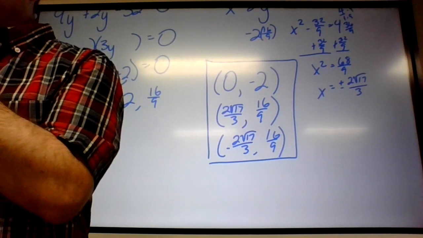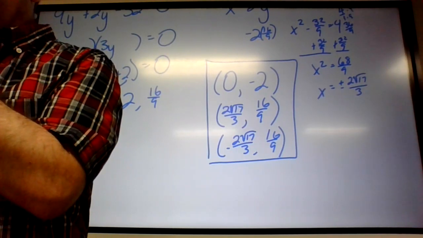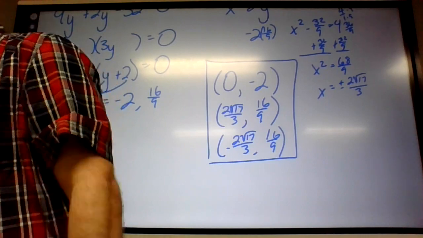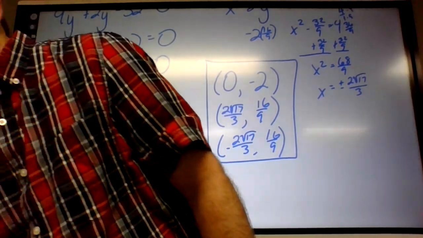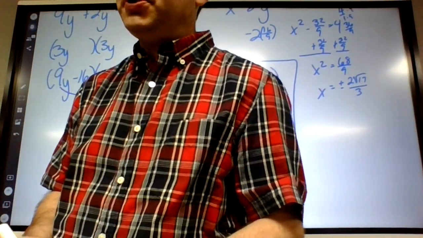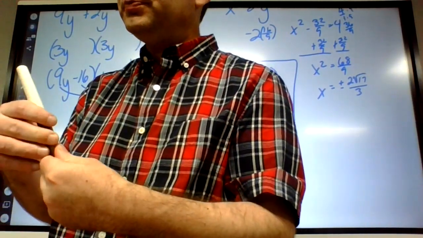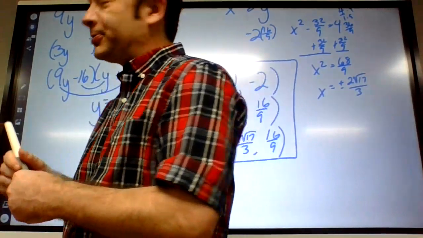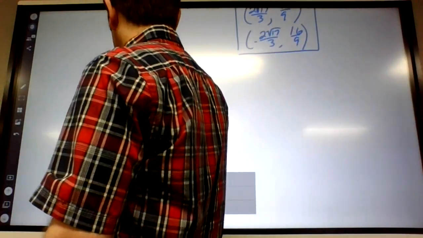So on 12, if I was doing it, I would probably use substitution. It says 2x plus y squared equals 1 on the bottom.